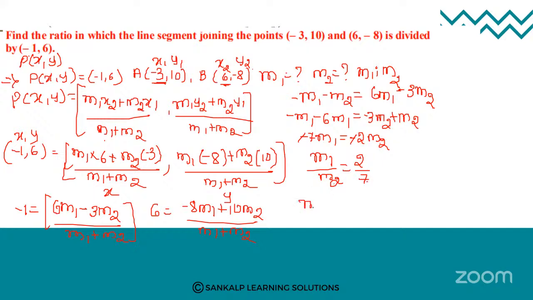That means M1 divided by M2 means it is in the ratio. So here we are using the ratio sign. That is M1 is to M2 is equal to 2 is to 7. Right? 2 is to 7. Therefore, M1 value is 2 and M2 value is 7.